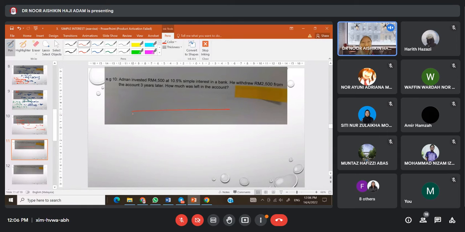Remember the timeline? I like the timeline because I can see clearly what's given and what's required when I've put everything down on the timeline.